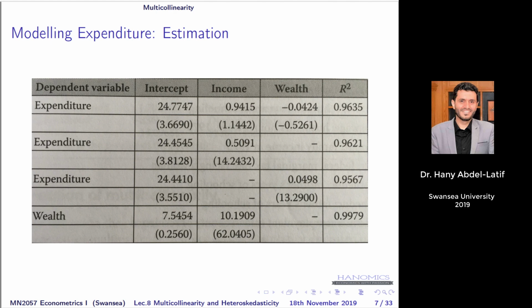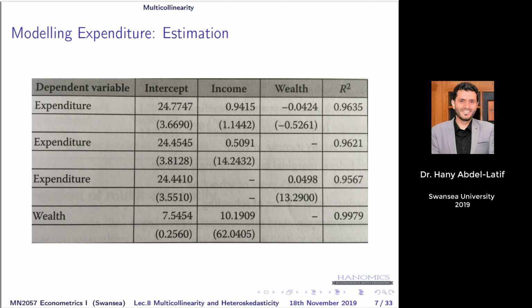So, looking at a very simple example, a snapshot from one of the textbooks. We have the dependent variable, expenditure. Let's say a researcher wished to estimate a model that explains how much households or individuals, or whatever your units are, spend on expenditures.